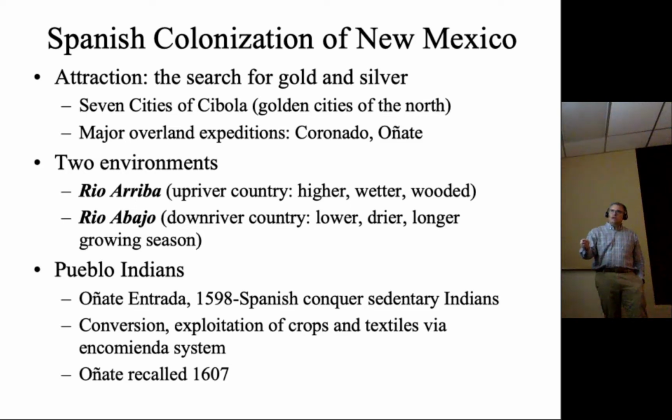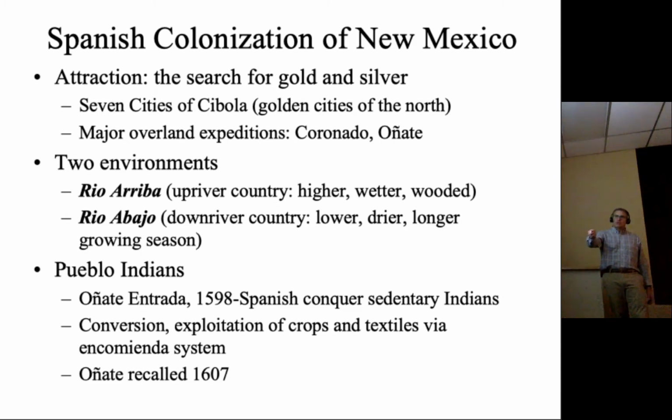The Pueblos were the folks who were initially targeted by the Entrada in 1598. The Spanish were looking for a sedentary group of people, people who we could make into agricultural peasants, into serfs, and establish that feudal system.